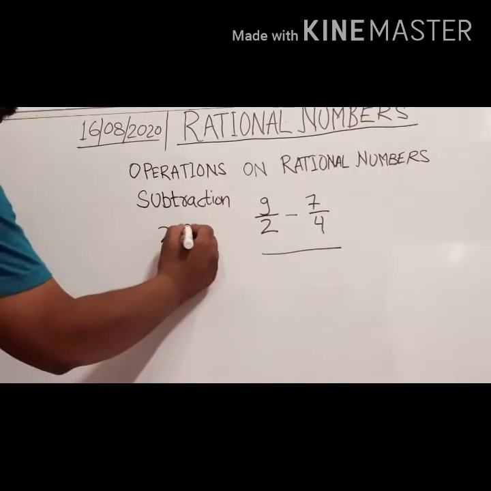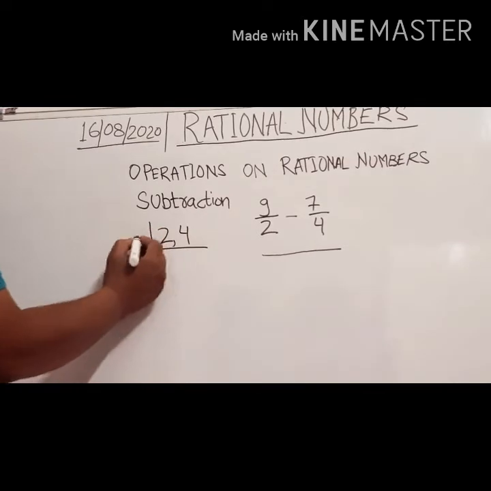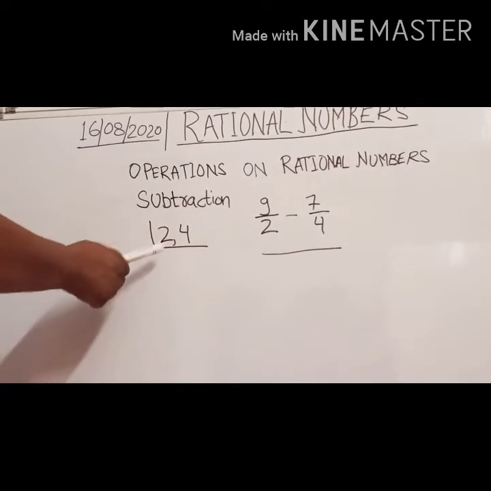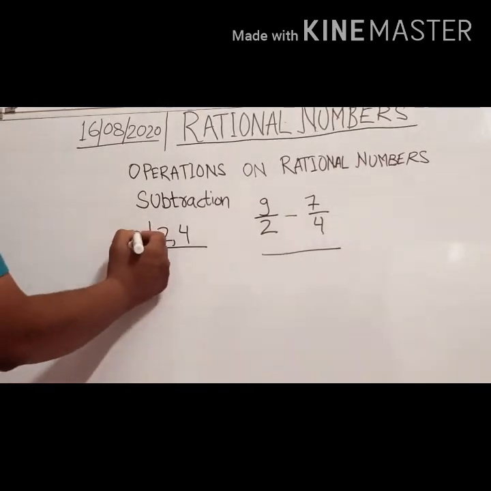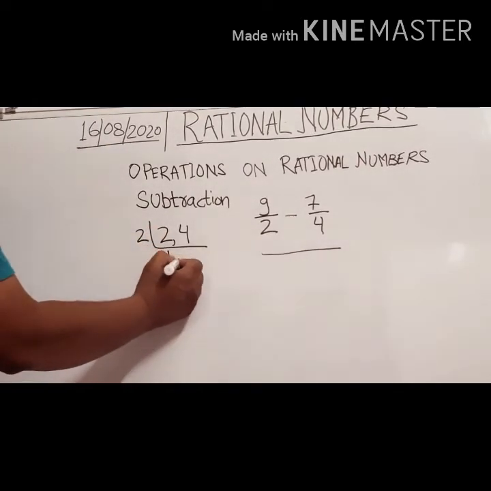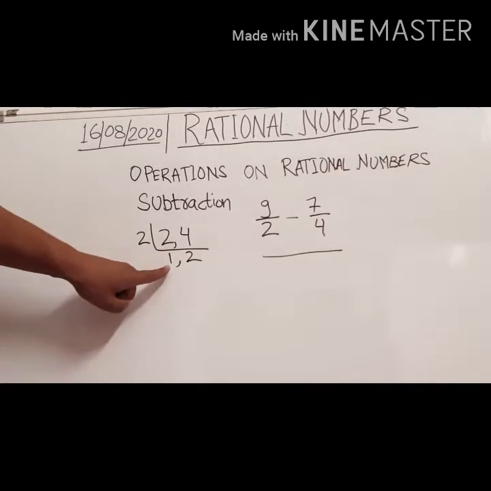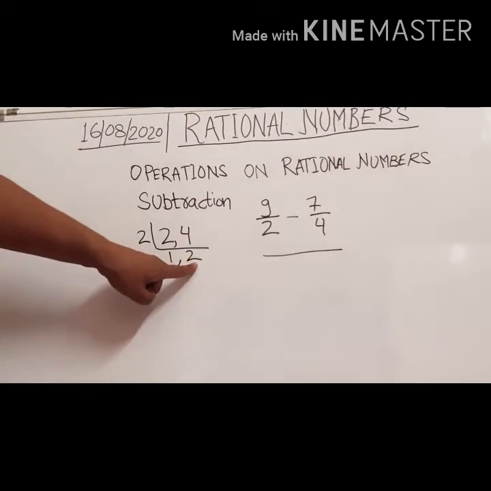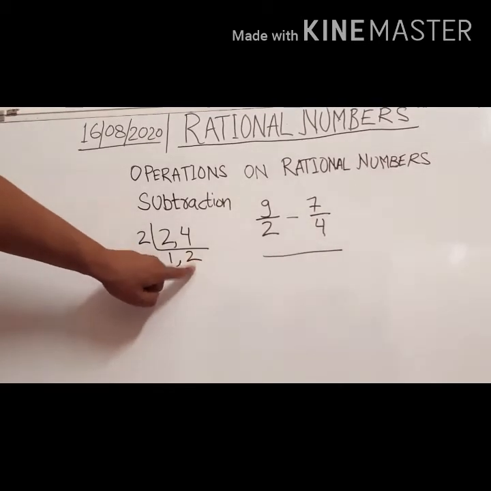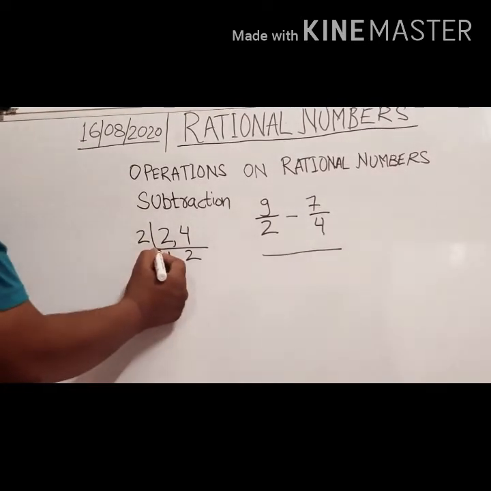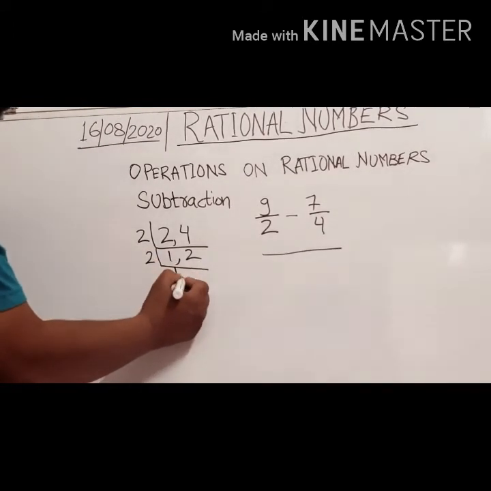So the LCM of 2 and 4 will be, see here, these two numbers have a common factor and we can divide by 2. So 2 1s are 2, comma 2 2s are 4. Here it has been completed, but 2 is remaining. Again we will go further to find the LCM. So 2 1s are 2.